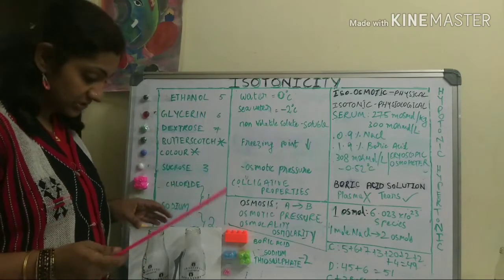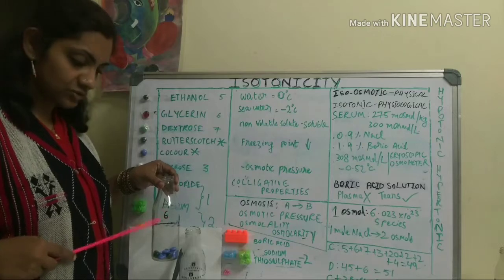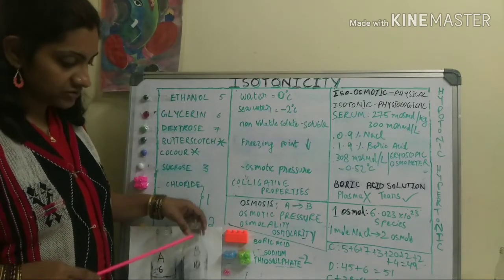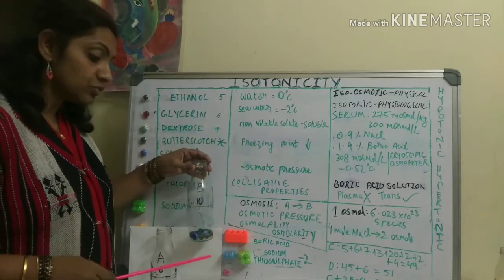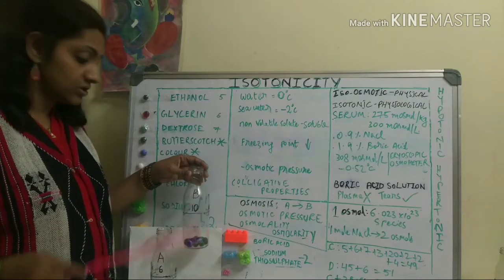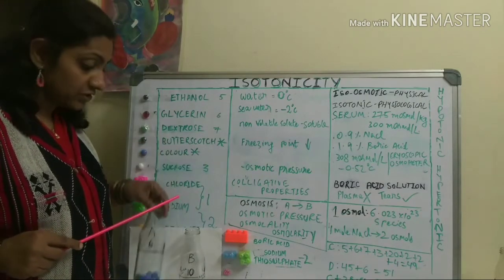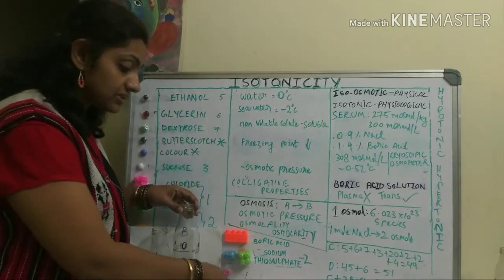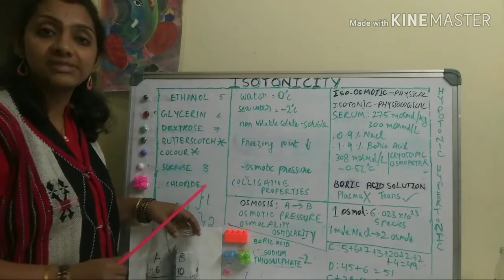In other words, this is a lower concentrated solution. It has only 6 solute entities. This is a higher concentrated solution. It has 10 solute entities. So the movement of solvent molecules from a lower concentration solution to a higher concentration solution across a semi-permeable membrane is termed as osmosis.